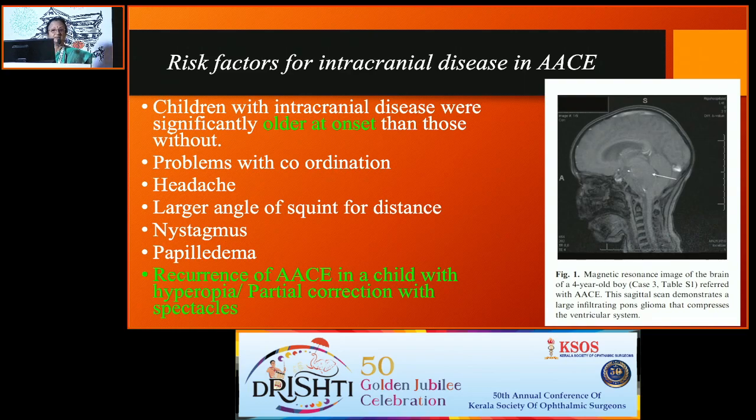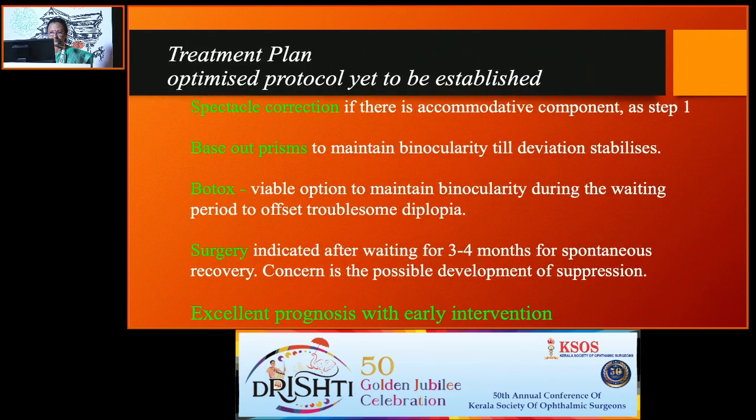And if the patient is of older onset with recurrence of acute concomitant esotropia, you think of an intracranial cause. So there is no optimized protocol established till now to treat this condition.